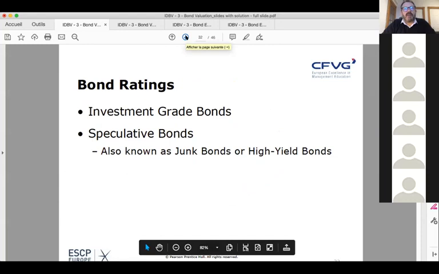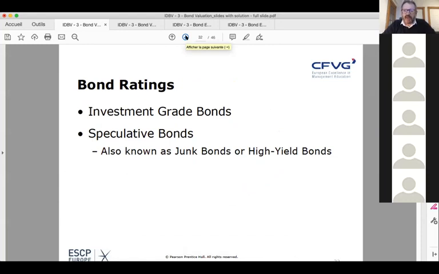Just to finish with the bonds, we were actually discussing this yesterday, I think, about the ratings. One person among you asked, are we talking about the ratings and stuff? So this is what we are doing now, very quickly, but still, because it's linked to the risk of the bond.